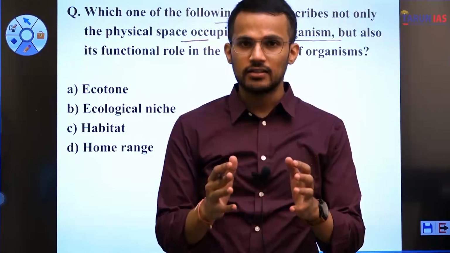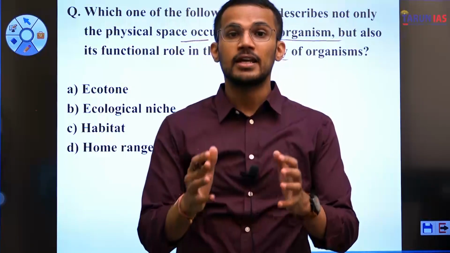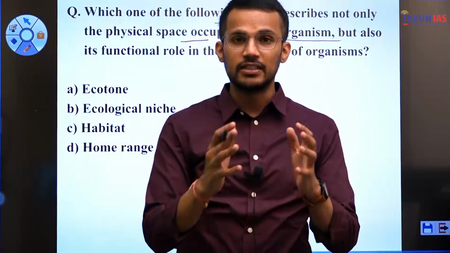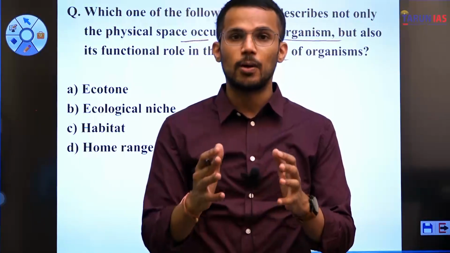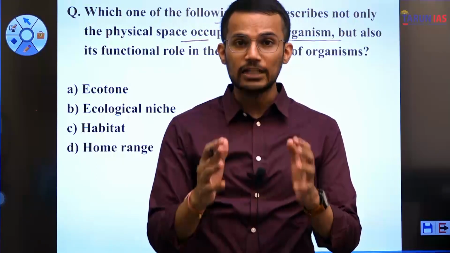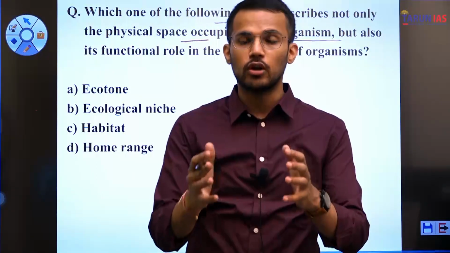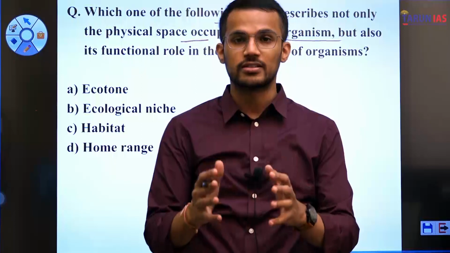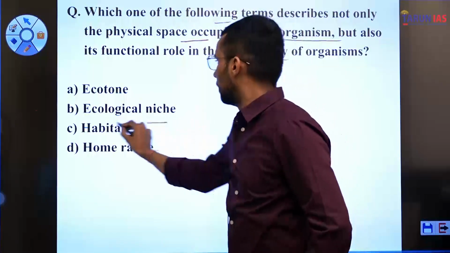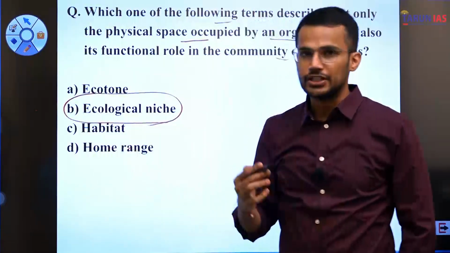We know that it is described by niche. Ecological niche is the term which tells us about the position of an organism in an ecosystem as well as the functional role played by that particular organism in an ecosystem. And hence the answer is B, ecological niche.